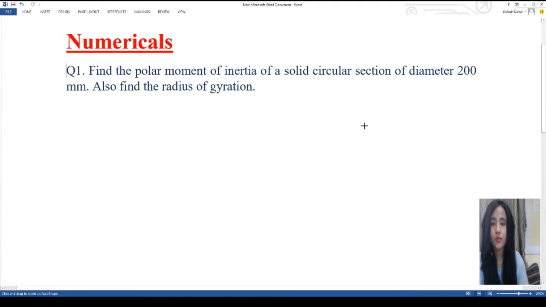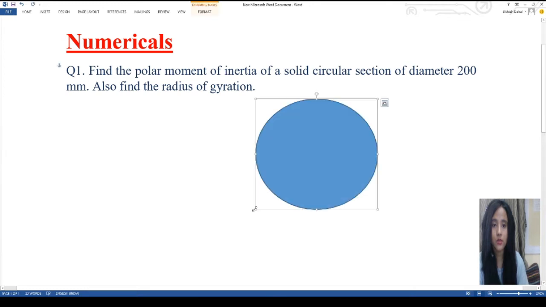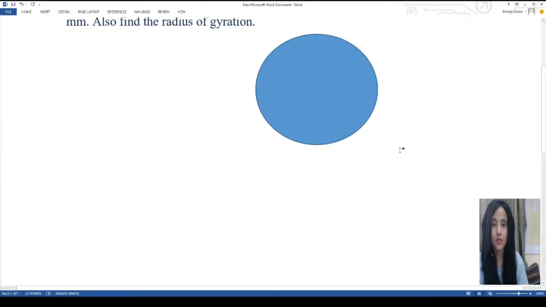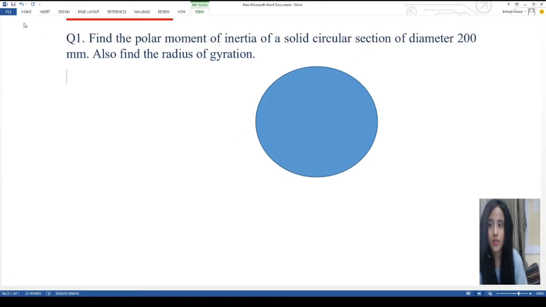So the geometrical section given here is a solid circular section, and the diameter is given equal to 200 mm.